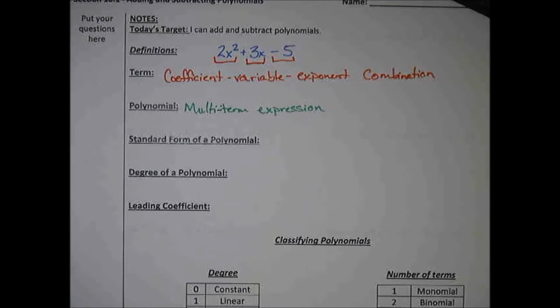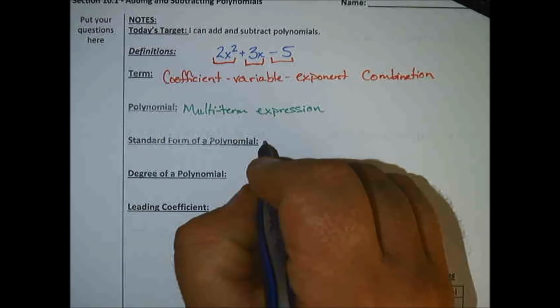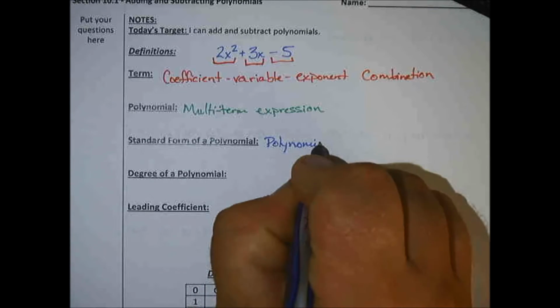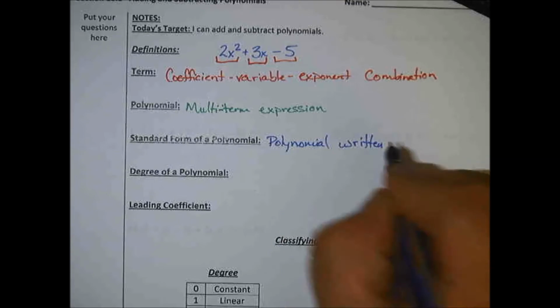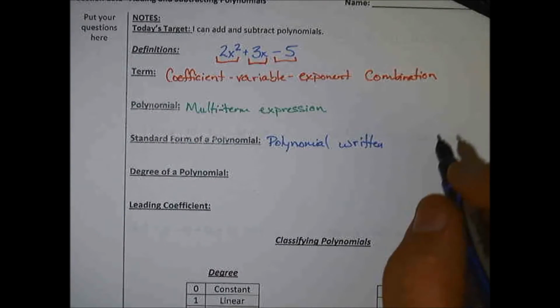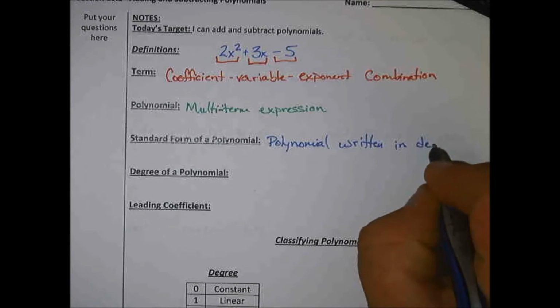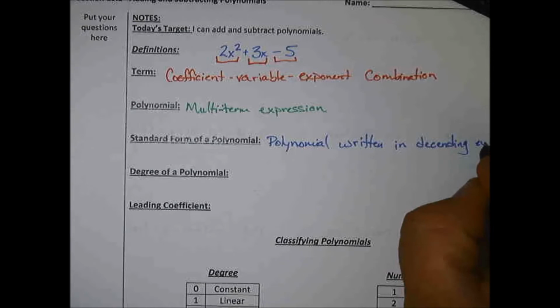Okay, so when we're looking at polynomials, we're going to look at standard form first. And standard form of a polynomial is just a polynomial written in descending exponent order.